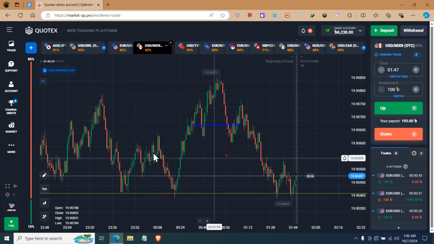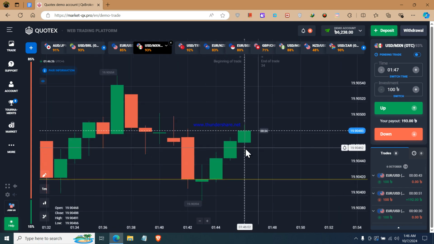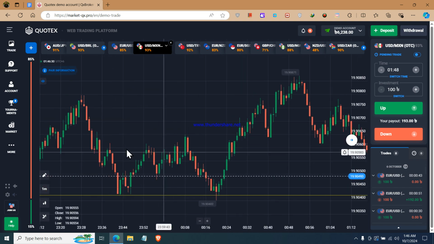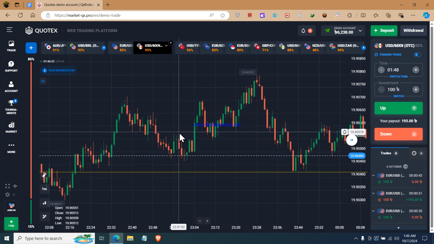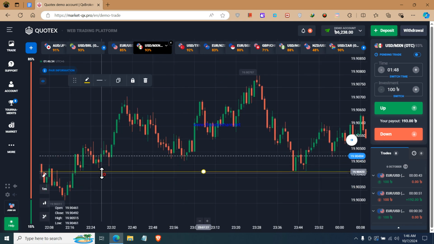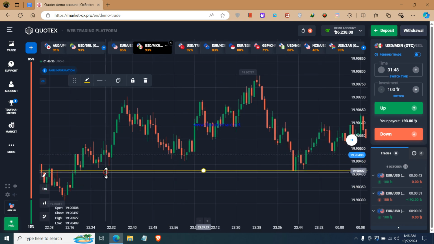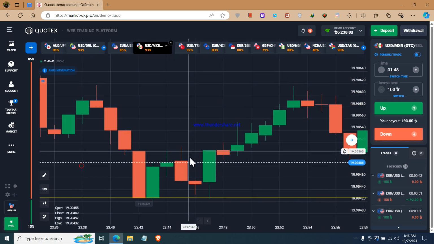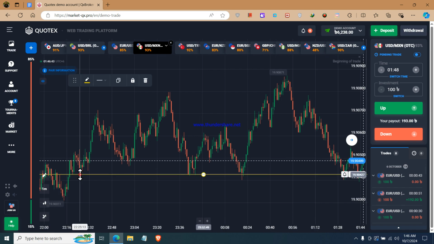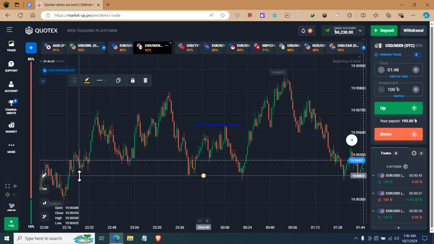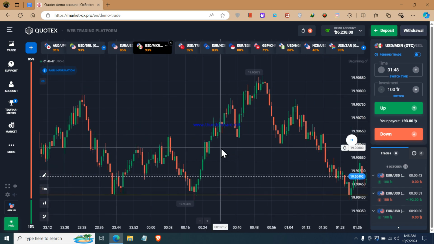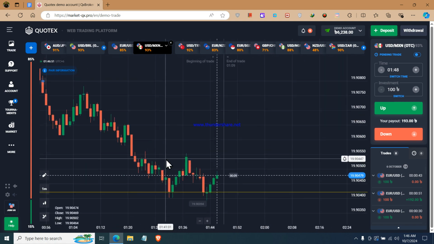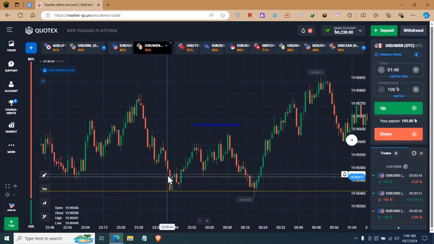Alright, so this is the point where the sellers couldn't break, right? This is the point where the sellers were not able to break. This is the point which sellers actually broke, right? But this point is a strong support.